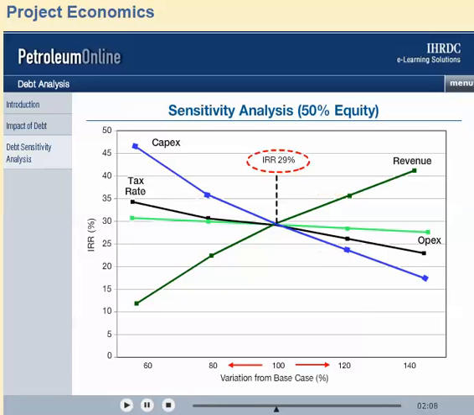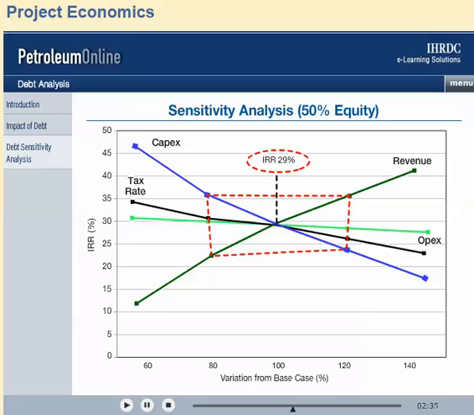Again, we see that the tax rate, the interest rate, and the operating cost variables are not quite as steep as the revenue and capex, which means that the project is less sensitive to these variables. So the range of uncertainty in the IRR is between about 22% on the low side and 36% on the high side. Still a very promising leveraged project.